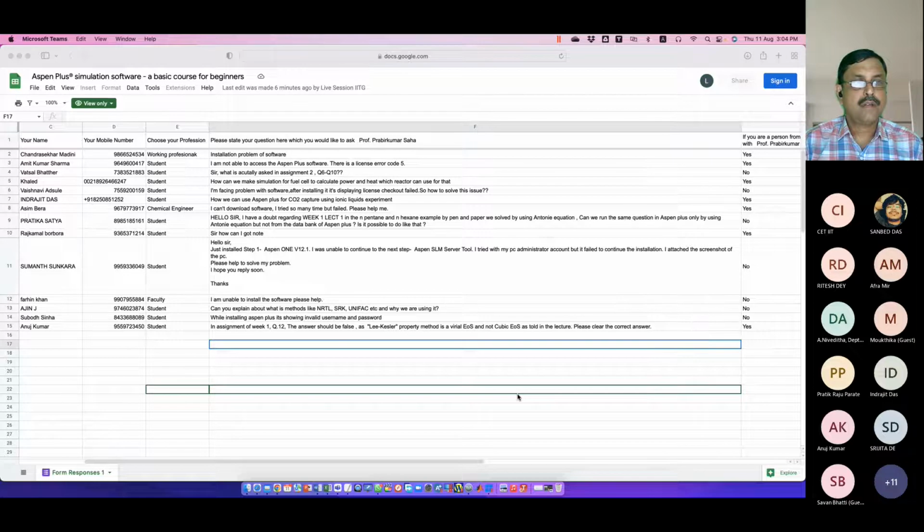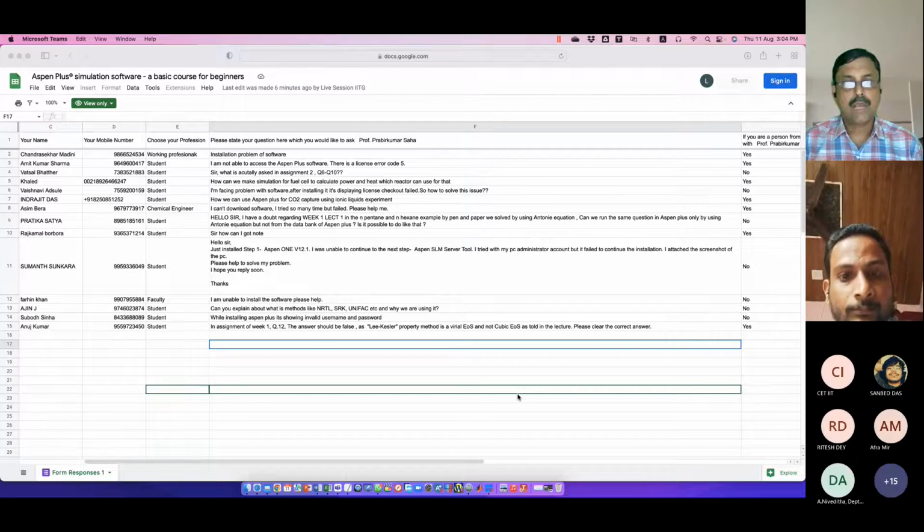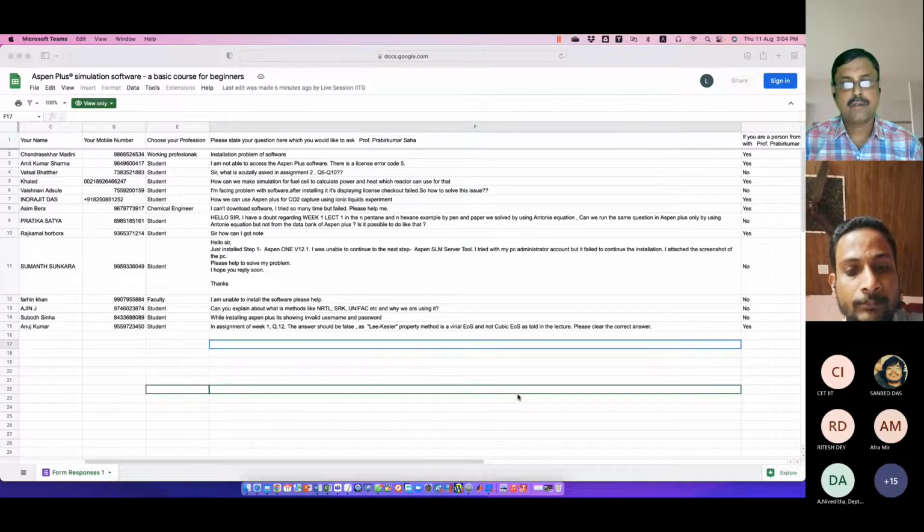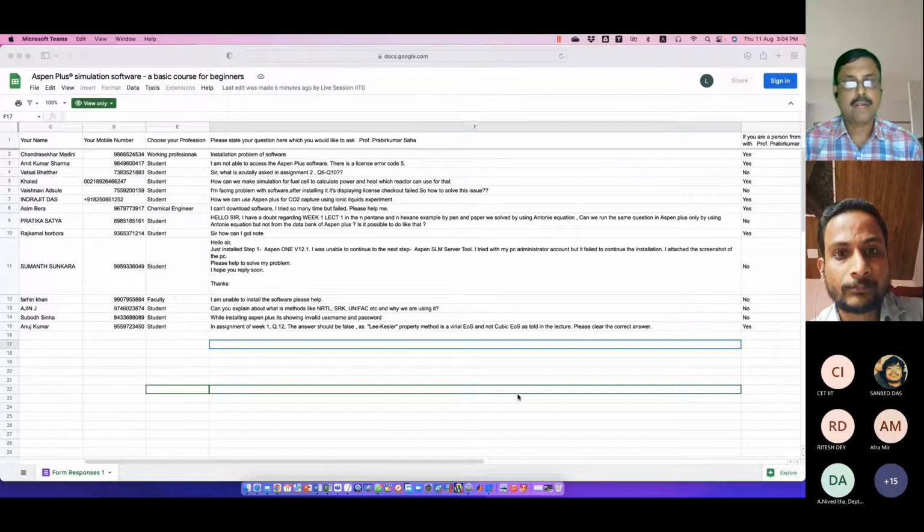And Vatchal Bhattar is asking, sir, what is actually asked in assignment 2, question number 6 to question number 10? Yes, I must say that there has been a mistake from the TA's end, the teaching assistant's end, because he has not given the preamble of question numbers 6 to 10, because there is a statement before question number 6 to 10.